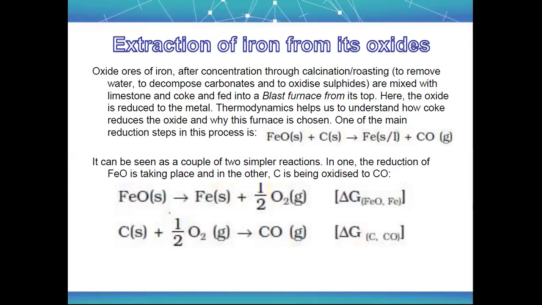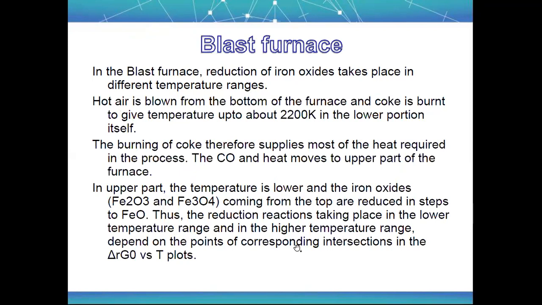The oxygen will be removed automatically. The bond between the iron and oxygen breaks. After that, this oxygen will combine with the carbon which is present as a reducing agent in that furnace, and form carbon monoxide.